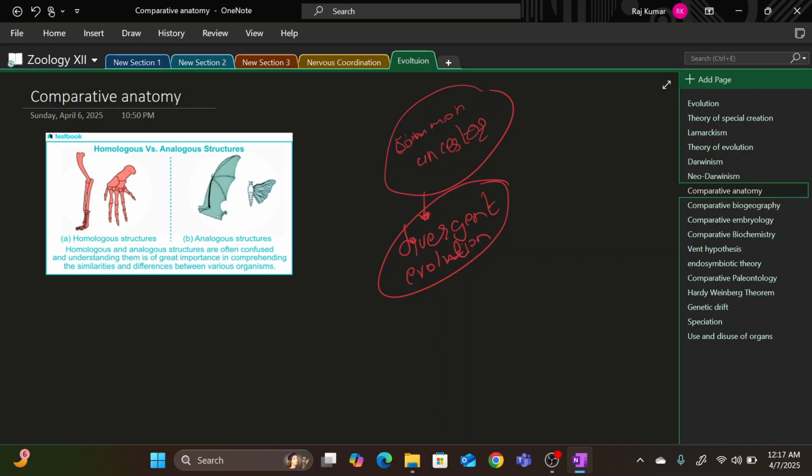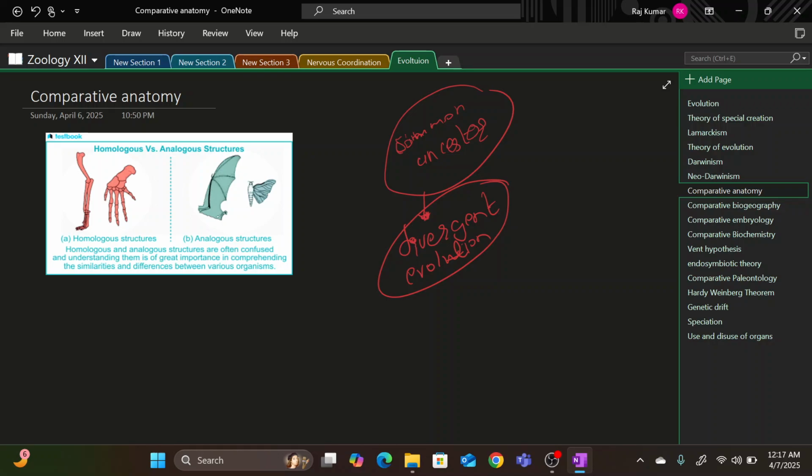On the other side, analogous structures are those which are different in structure but similar in function. For example, the wings of the bird, the wings of the bat, and the wings of the butterfly all have different structures but the same function.